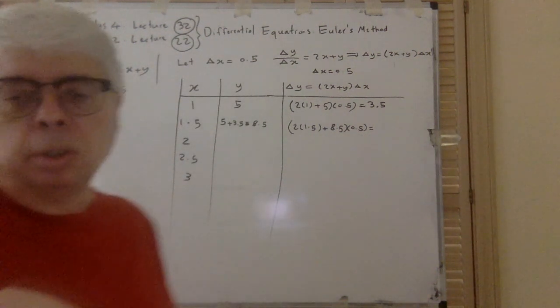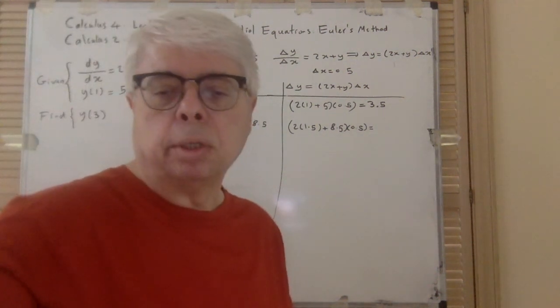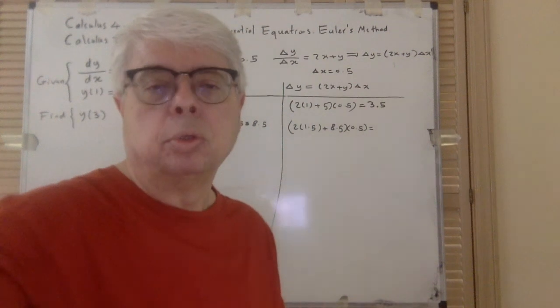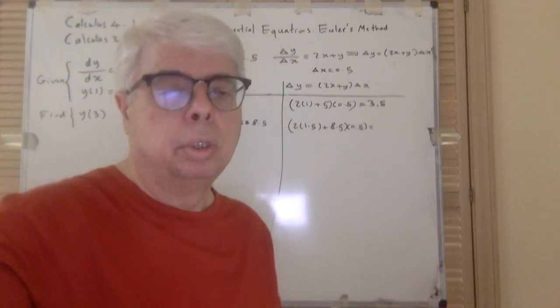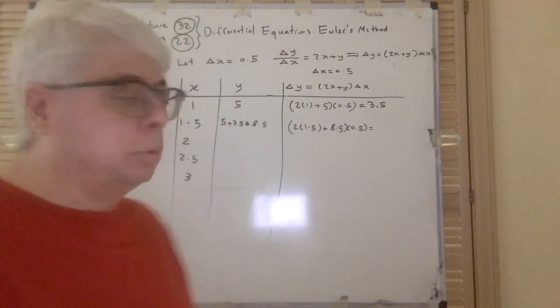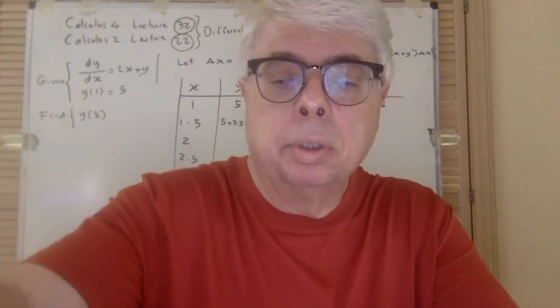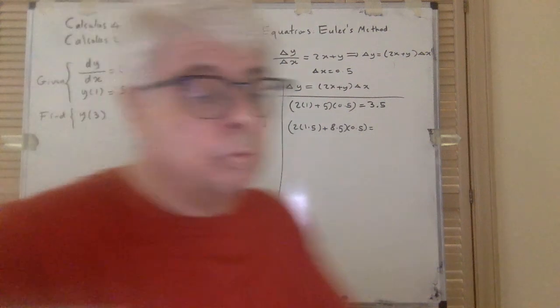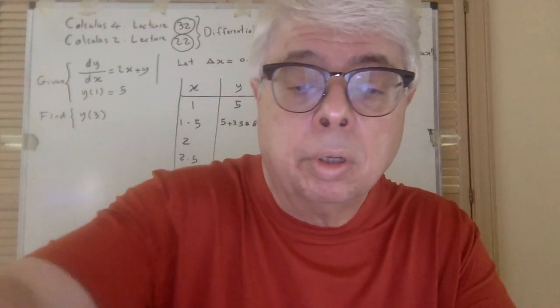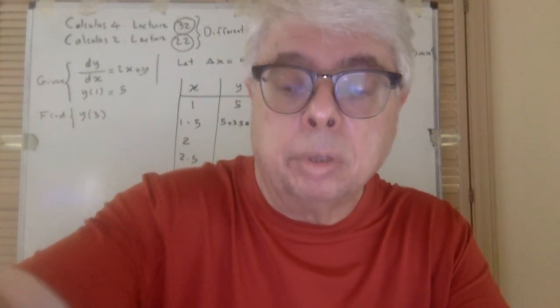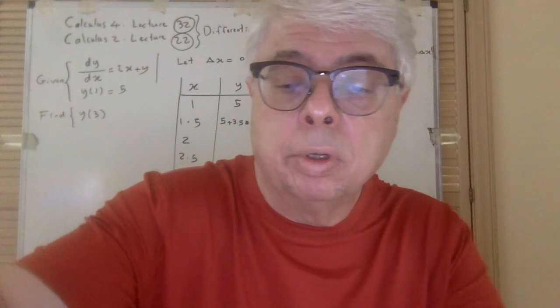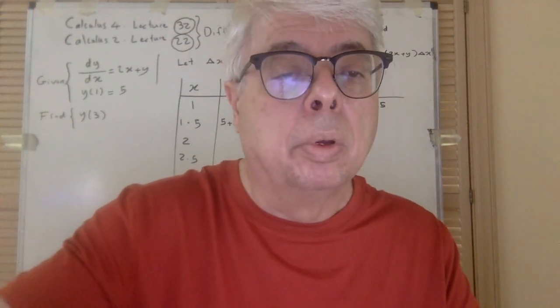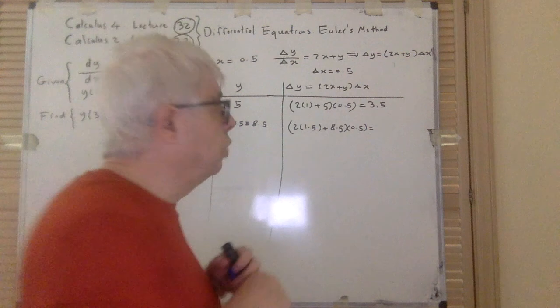Well, let me use a calculator here to find it for you. So it is 3 plus 8.5 times 0.5, that is 5.75.